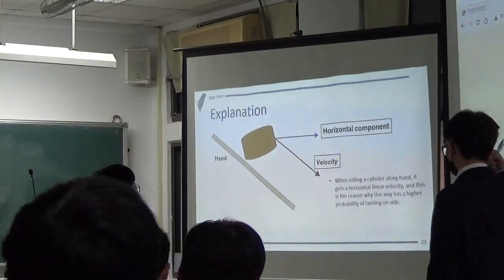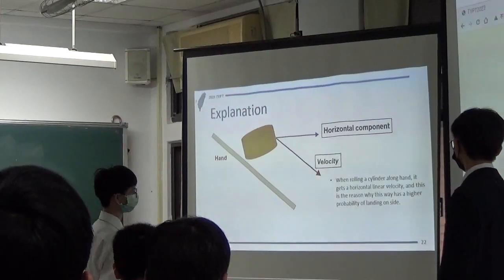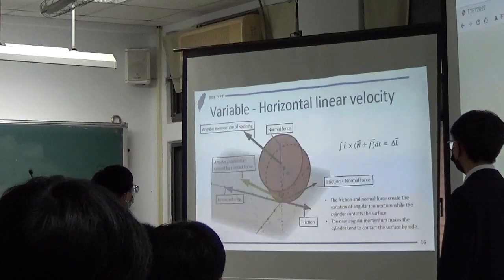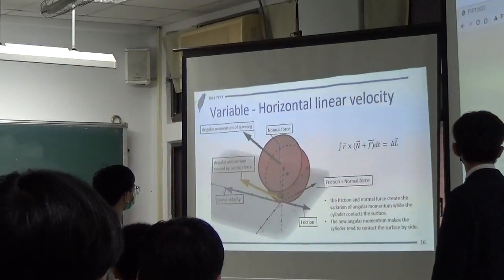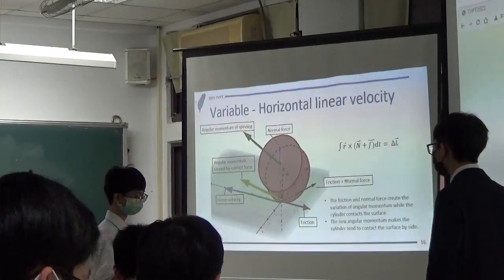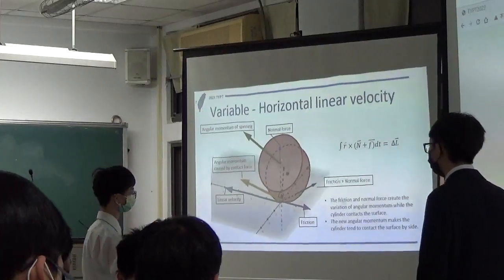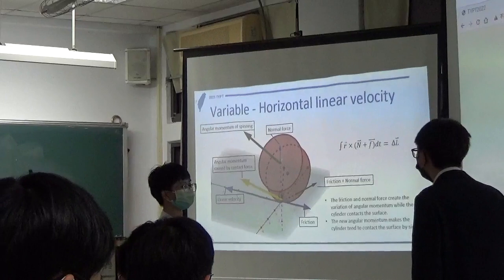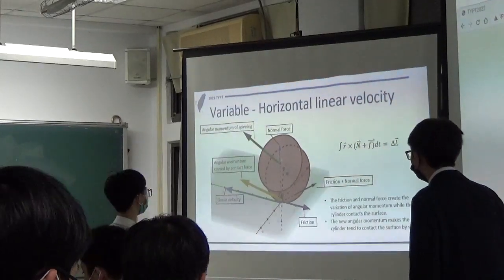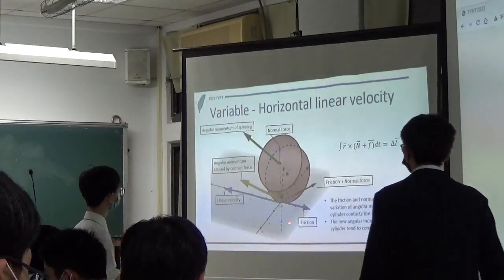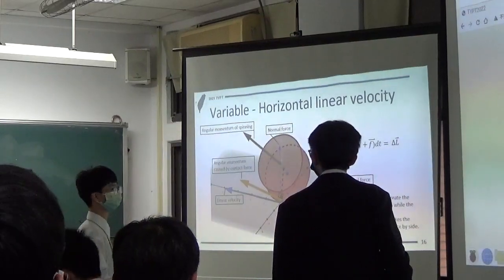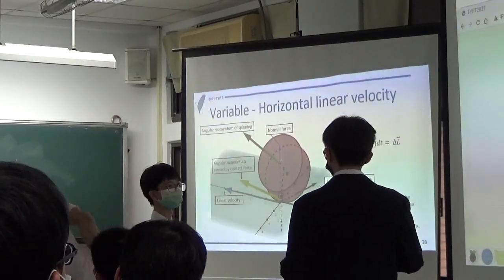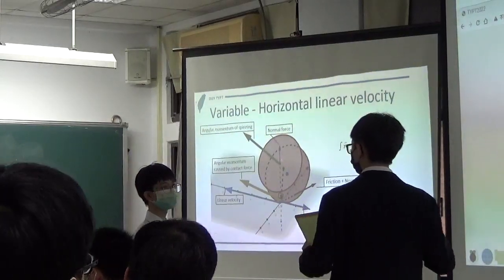Because I mentioned the friction and normal force. The moment that the dice hits the ground will affect its possibility, right? So this normal force is related to the bounciness, right? So if the bounciness increases, what will happen?